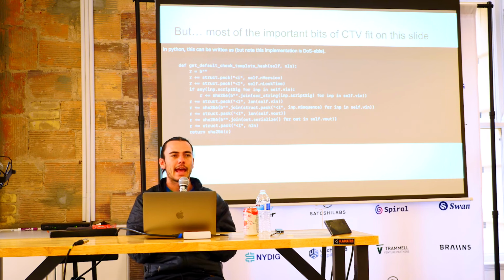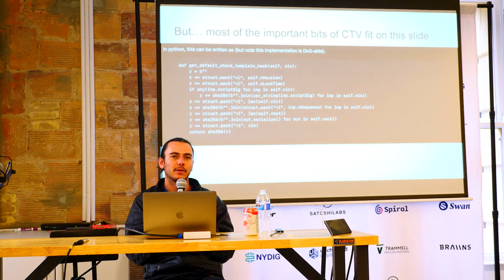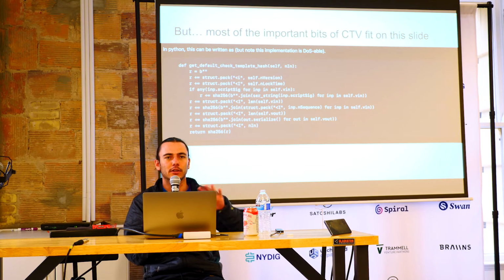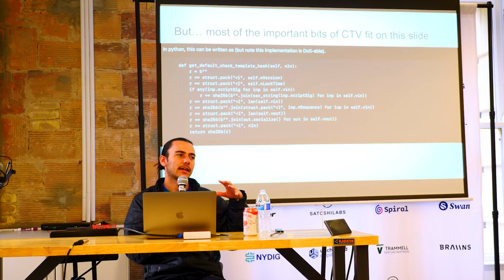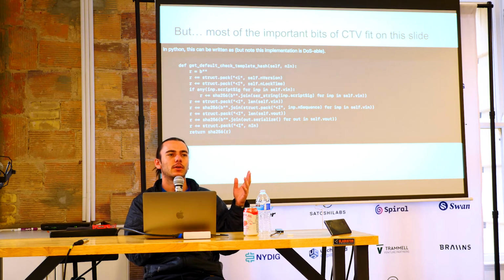We're hashing the version, the lock time, all of the script sigs if there are any present, the number of inputs, the concatenation hash of all the sequences, the number of outputs, the serialization hash of all the outputs, and then the index of the input currently executing. We build that up into a byte buffer and we hash it. That's it. There's nothing else going on. Technically, there are two different versions of the hash that get computed depending on whether there are script sigs or not.